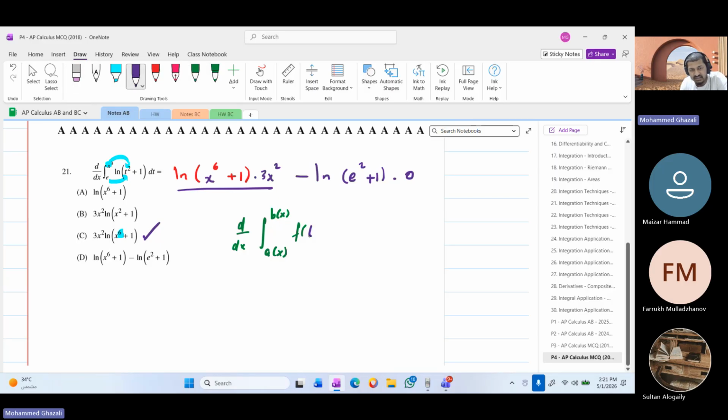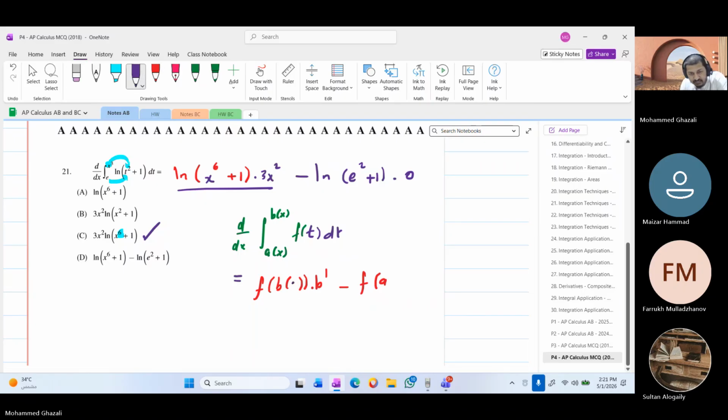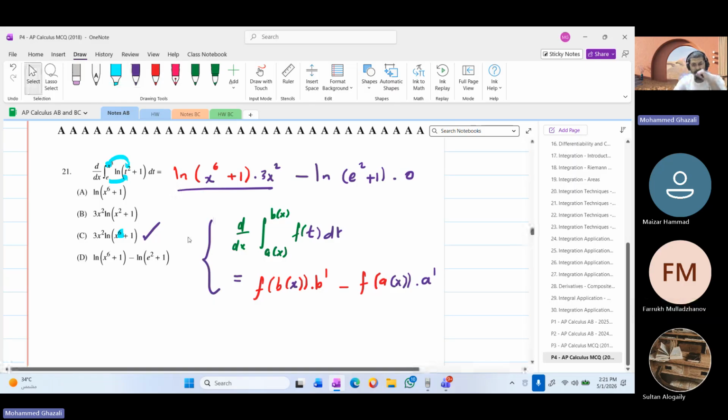If you have something like this, differentiating an integral, you're going to substitute the upper boundary inside f, so it becomes f(b(x)) times b prime, minus f(a(x)) times a prime. Okay, that's your rule. Don't forget that. It's called the fundamental theorem of calculus rule.